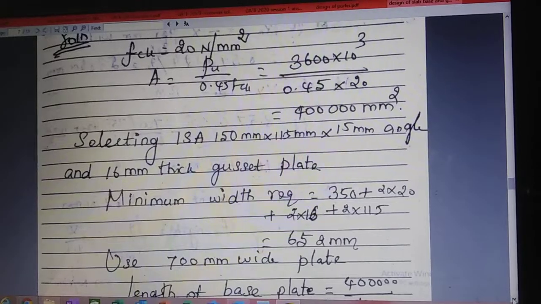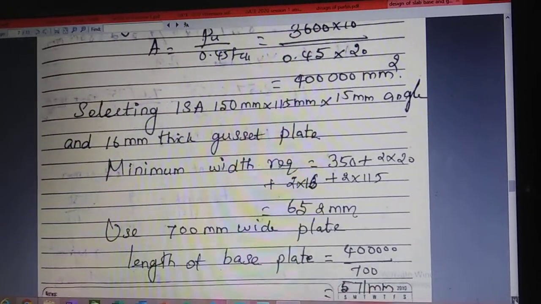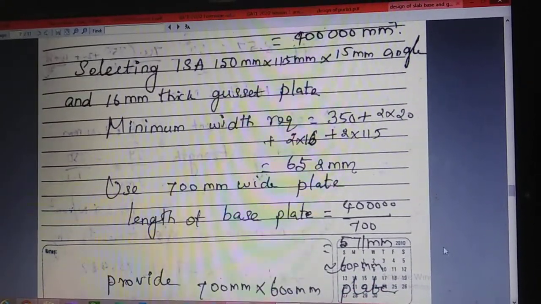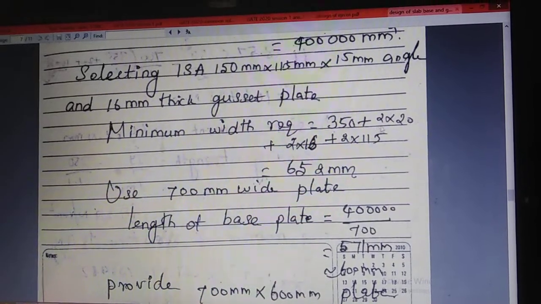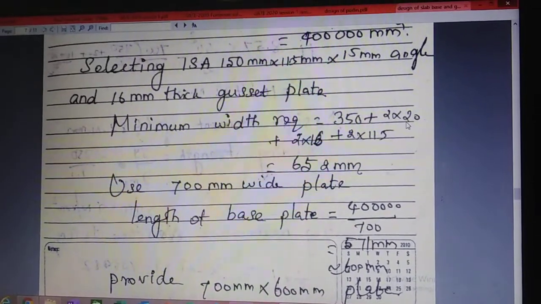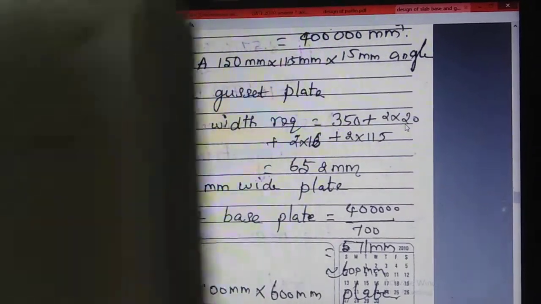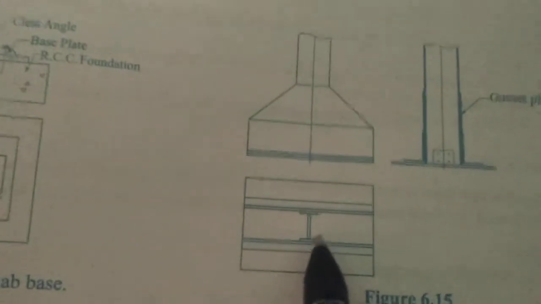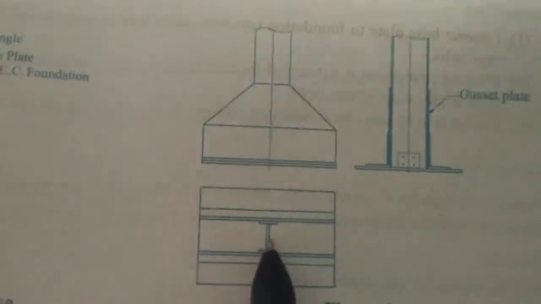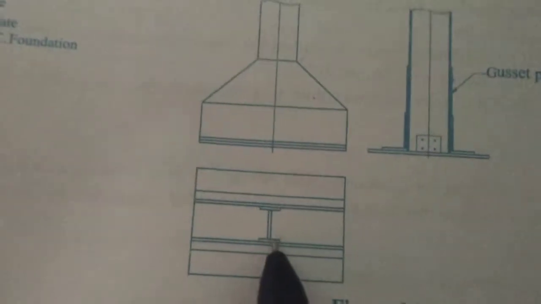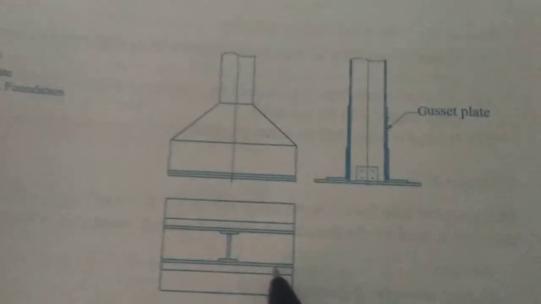Minimum width required is 350 plus 2 times 20 plus 2 times 16 plus 2 times 115. This is the I section column, and here one plate is provided, and here one angle.